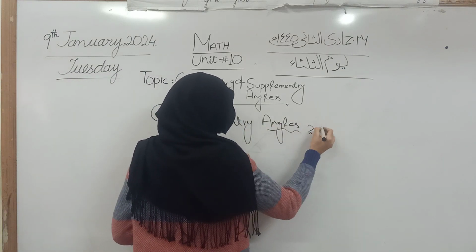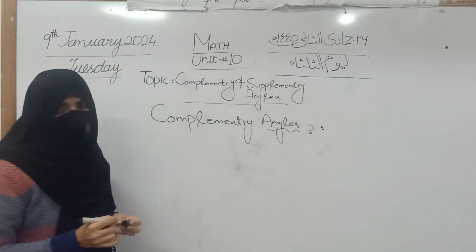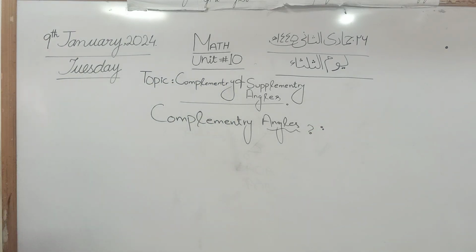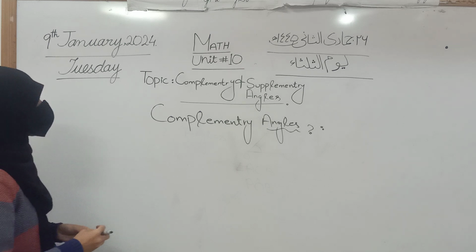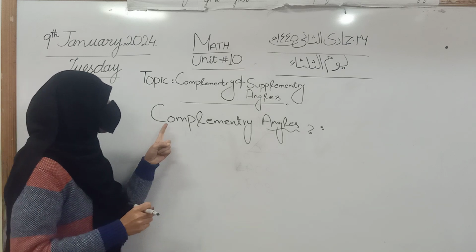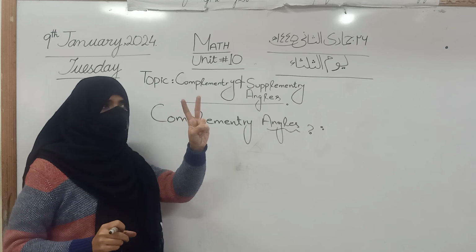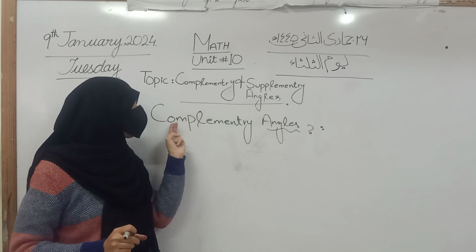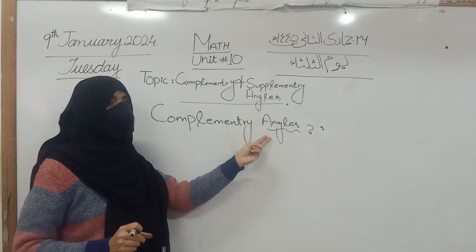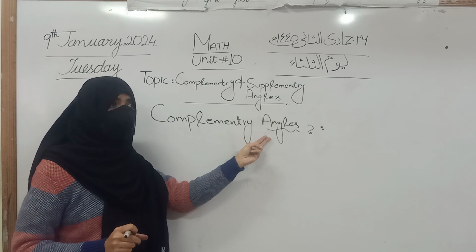Now you will see what complementary angles are. Two angles are known as complementary angles if they add up to 90 degrees. How many angles? Two angles. Two angles will be known as complementary angles if they add up to 90 degrees.